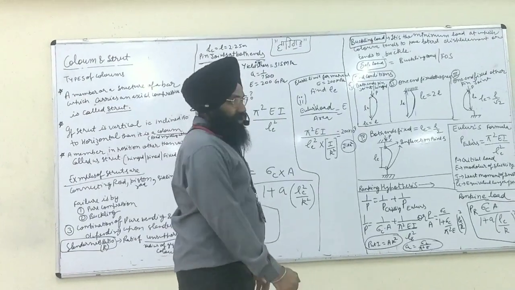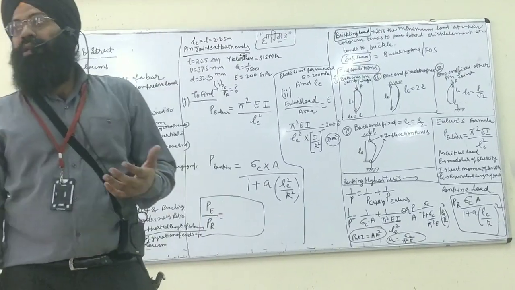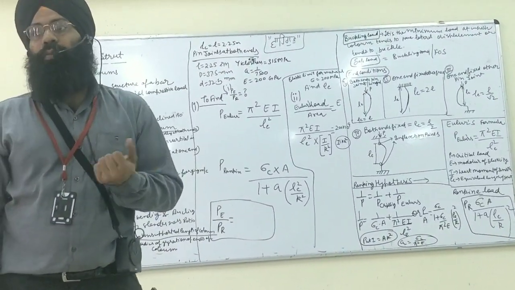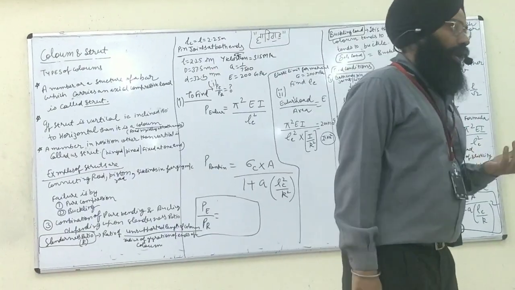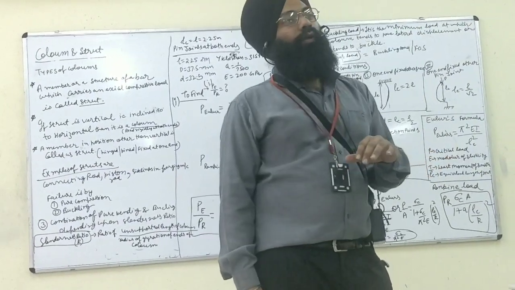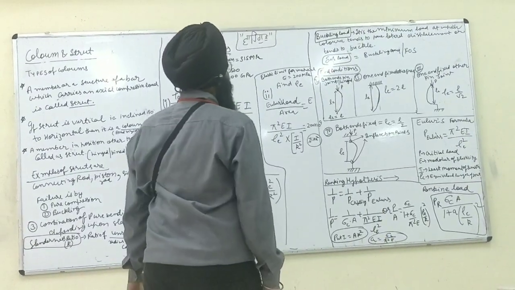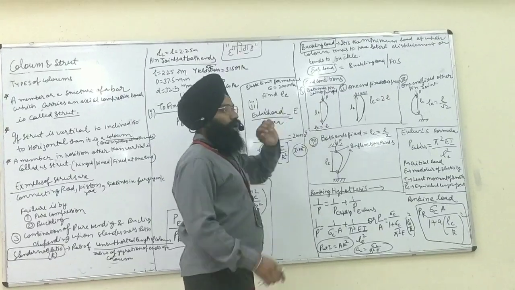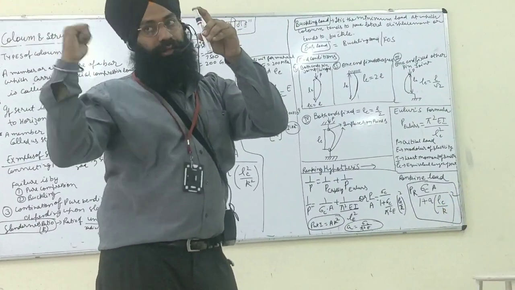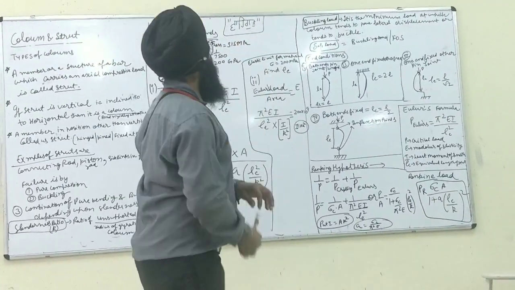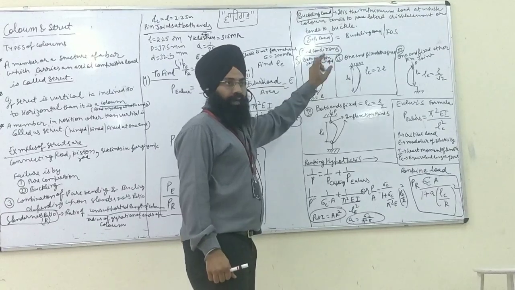What are the end conditions for this? Now, we have 4 simple conditions, 4 equivalent length formulas, which we will apply to calculate Euler's formula. What is that Euler formula? What are those 4 conditions? Let us discuss that now. We have a column, say this is a column. We will be applying 4 conditions on this. First is that both ends are hinged, on a pin joint.